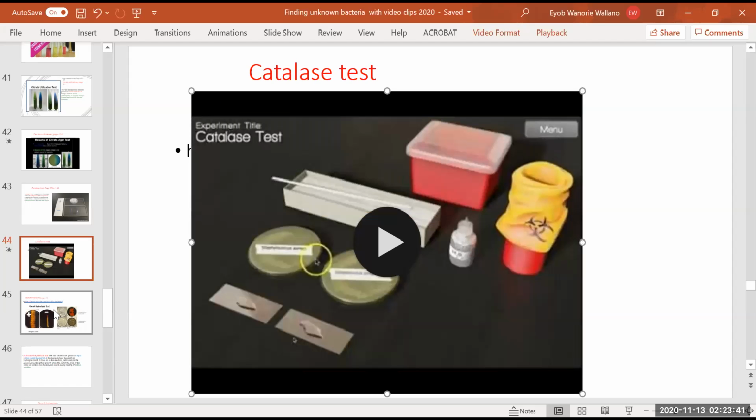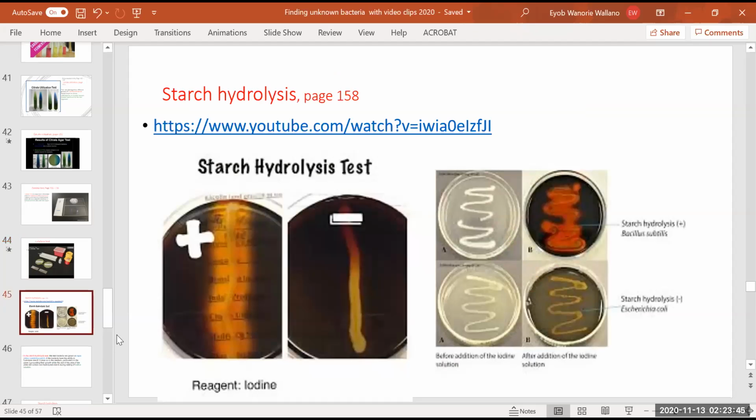So that is the catalase test, and we understood it that way. And we are coming to starch hydrolysis, the breakdown of carbohydrates. Starch is in your mouth also, and here is how it is broken down. Because of the amylase enzyme in our mouth, the parotid, submandibular, and sublingual glands produce saliva.